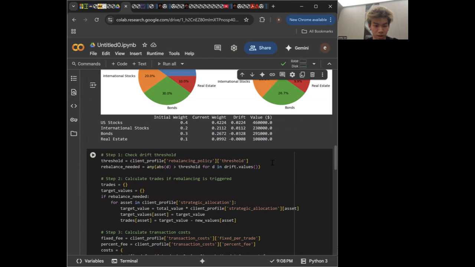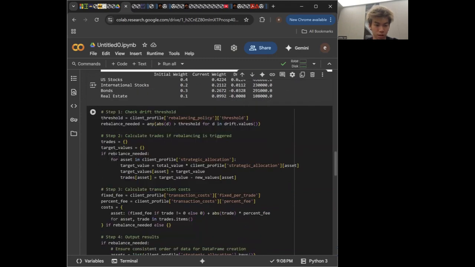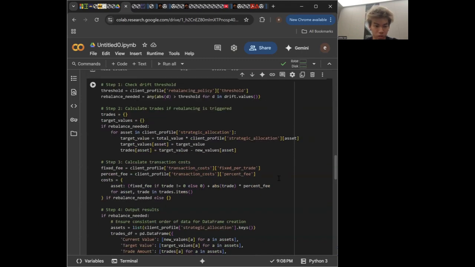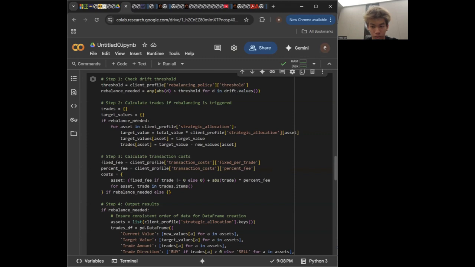And then the system calculates how many trades it needs and whether each asset needs to be sold or bought. The system then calculates the fees for each trade, which is $50 plus 1% times the amount of the asset we need to buy or sell.